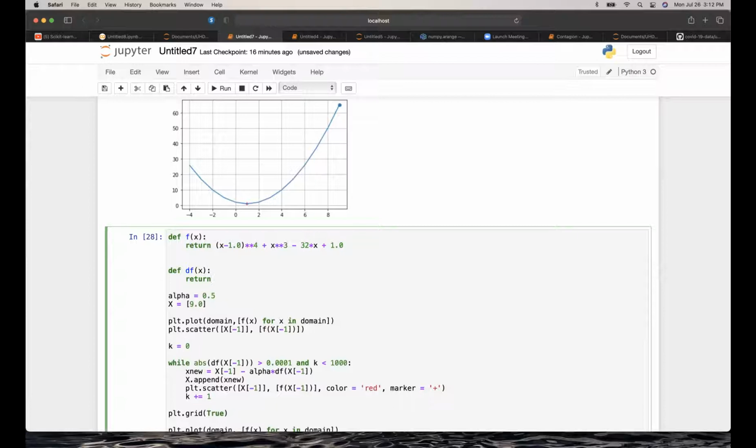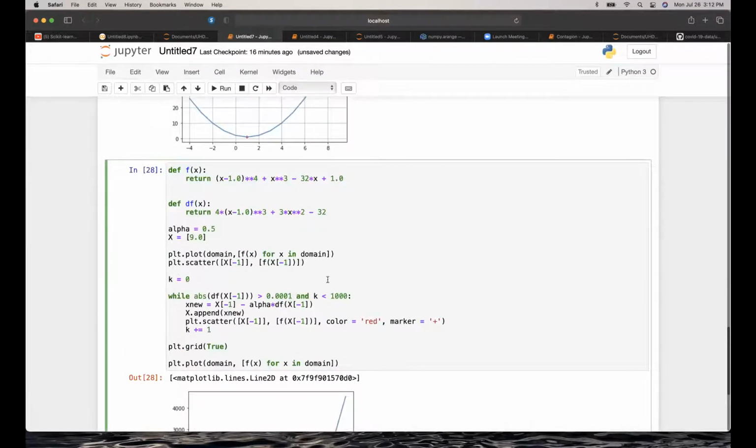Return 4 times x minus 1.0 all cubed plus 3x squared minus 32. So let's just see what happens.